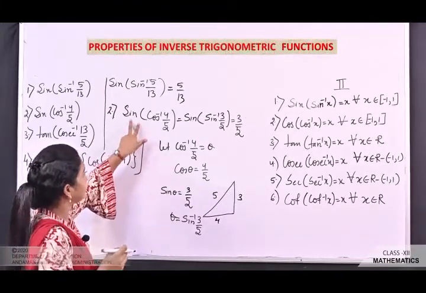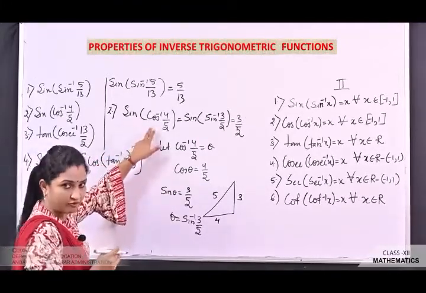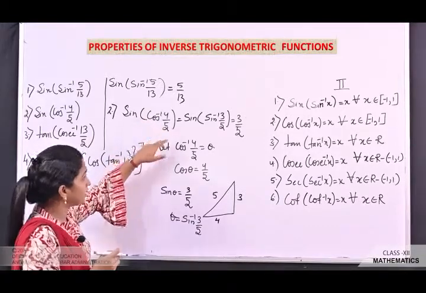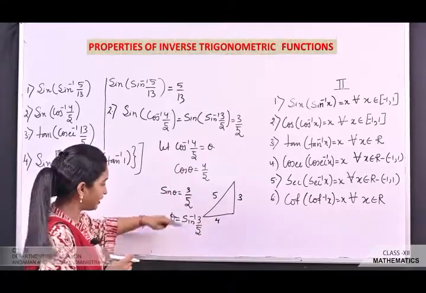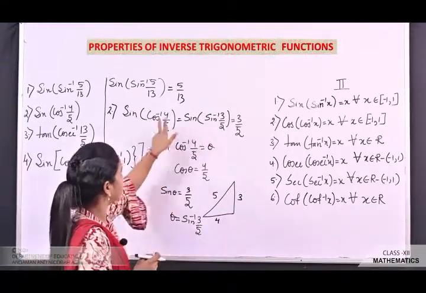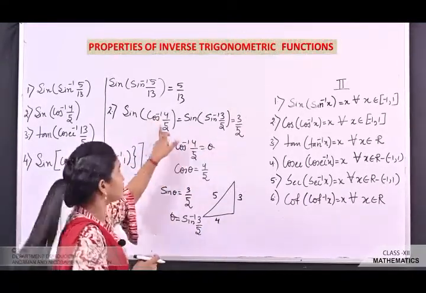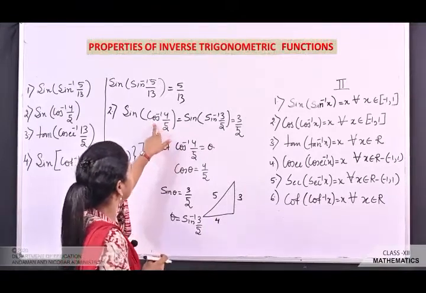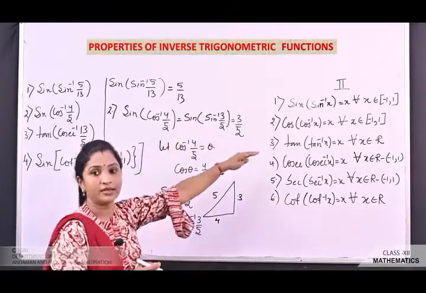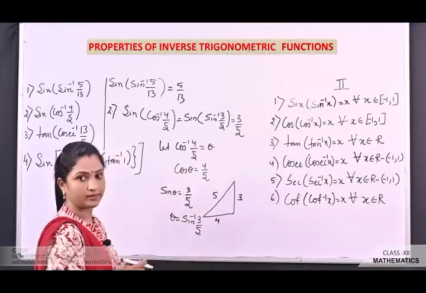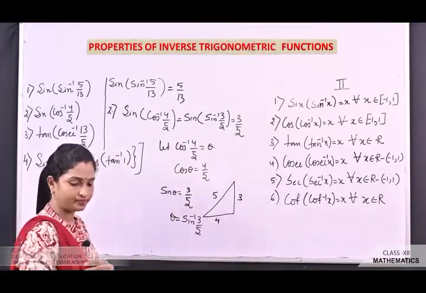When you are not getting the same trigonometric functions, you have to convert it, and the conversion is you have to take the triangle, apply Pythagoras theorem, find the value and then replace it. This and this both will be the same, so you can write in place of cos inverse 4 by 5, sine inverse 3 by 5, and then you can apply the second property and solve the question. I think it's clear.